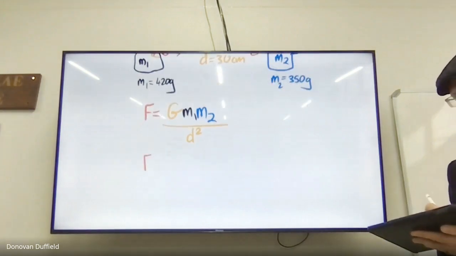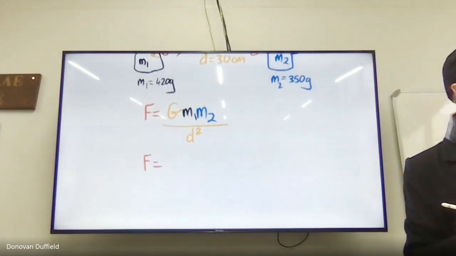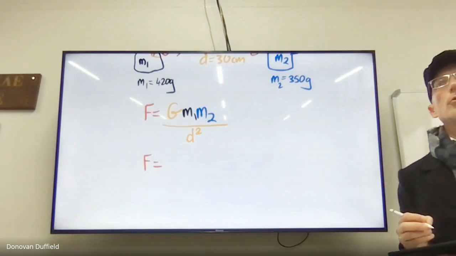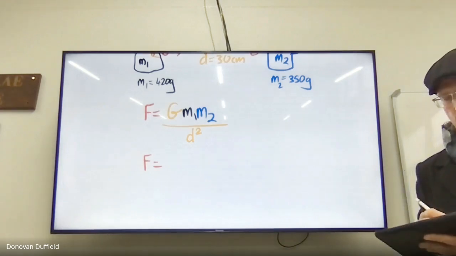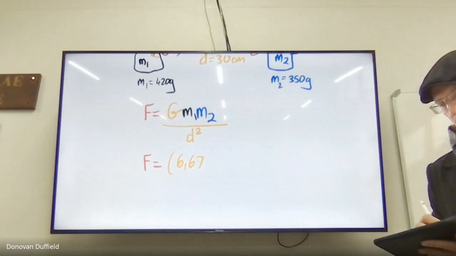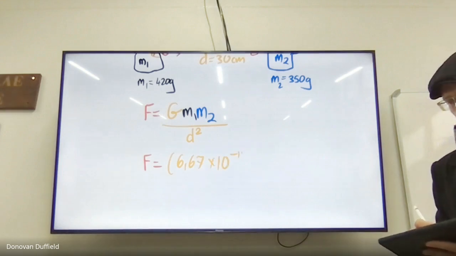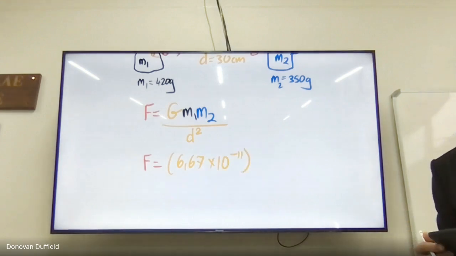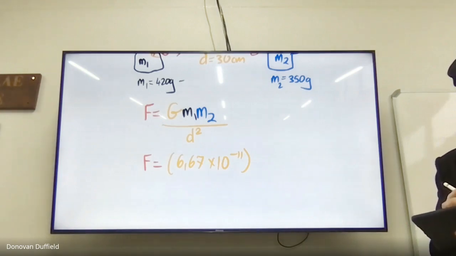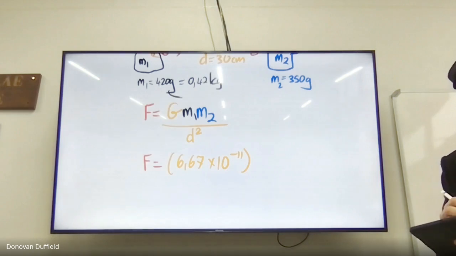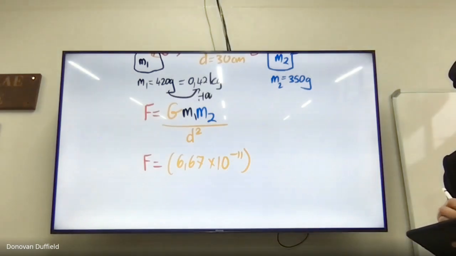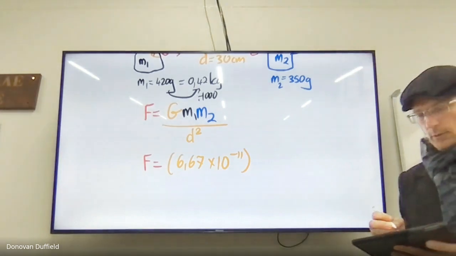So we say F equals, by the way, the constant for gravity gets given to you on your formula sheet. It is 6,67 times 10 to the negative 11. Do not worry about the units. Your mass needs to be in kilograms. So this is going to be 0,42 kilograms because we divide by 1,000. There are 1,000 grams in the kilogram.